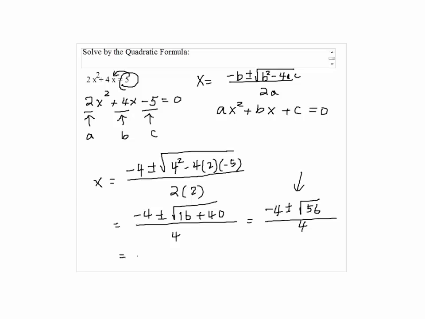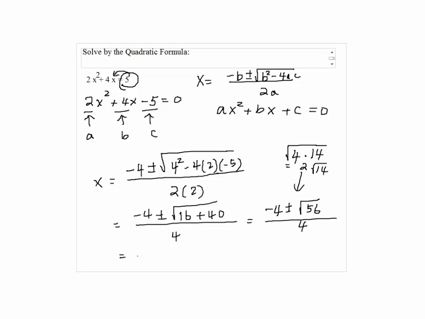So the radical 56 is given by radical 4 times 14.